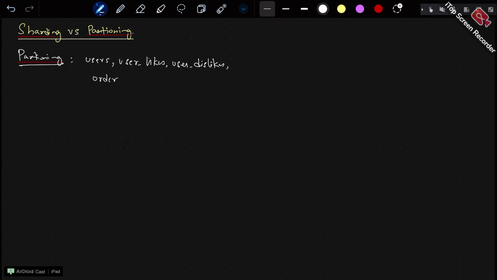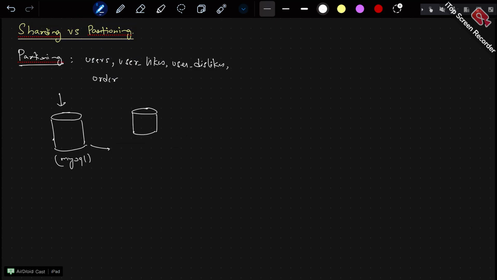For example, you have a database over here, say a MySQL database. Initially all your data resides inside this one. After some time you see that your data has scaled so much that it is not fitting into this one, so you create another database.